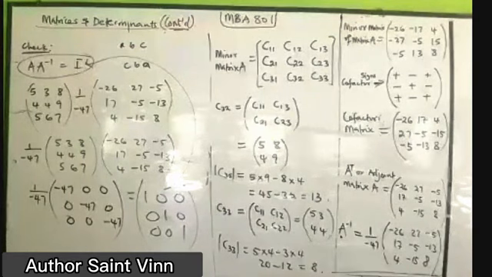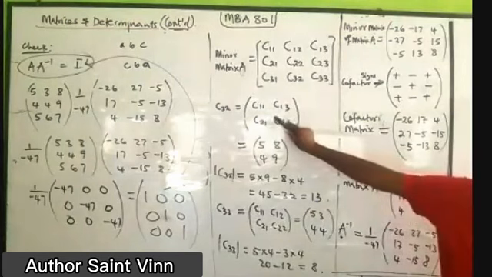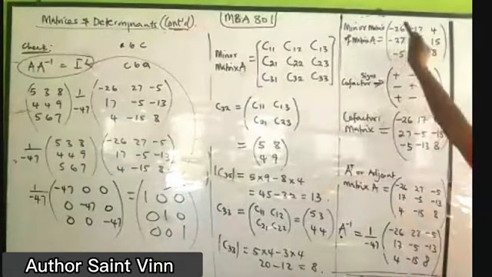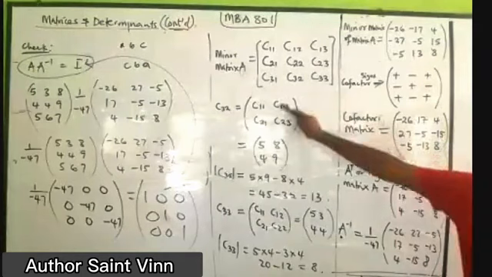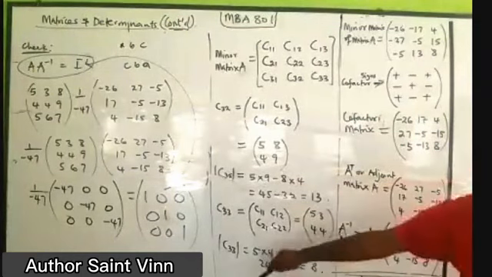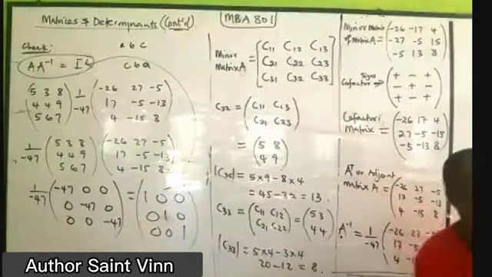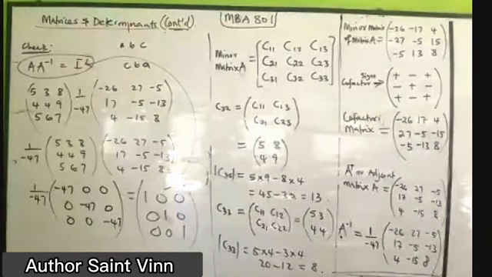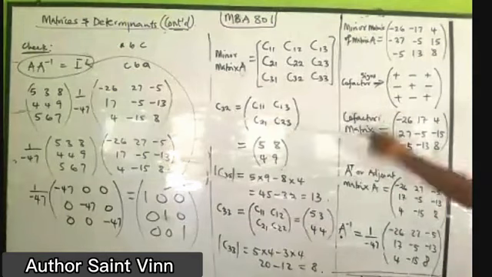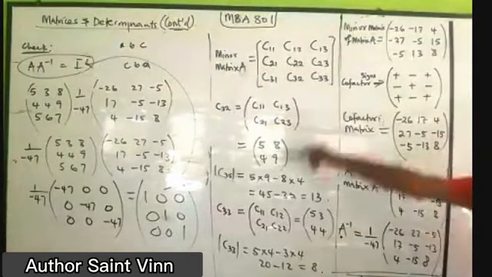For instance, when I taught them matrices last year, I never showed them this. We were just doing this. If they show it, follow it. But in case it's objective, use that method. When it's theory, follow this.